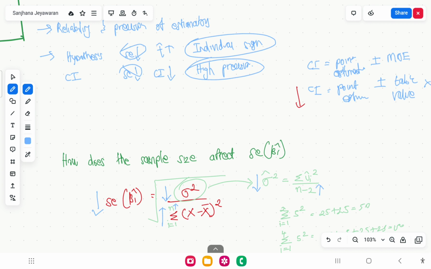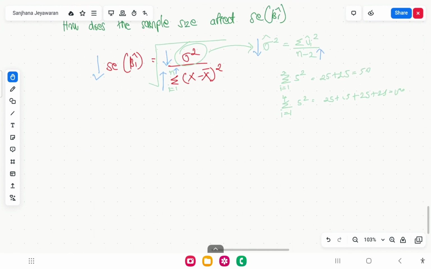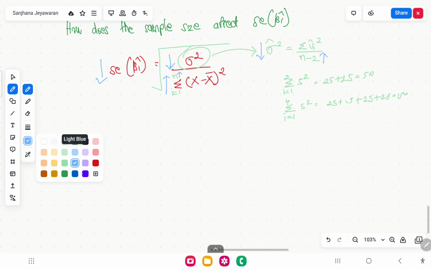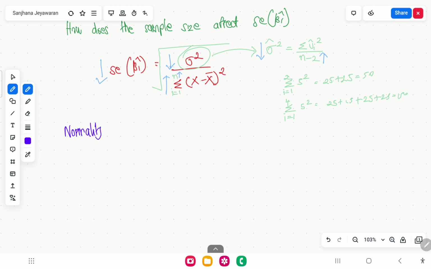Alright guys. Then the last concept which we have to look into is the normality of the error term. Because of the properties of OLS estimators, so far we didn't require the assumption about the distribution of U. Okay, we didn't have to care about the distribution of the error term.